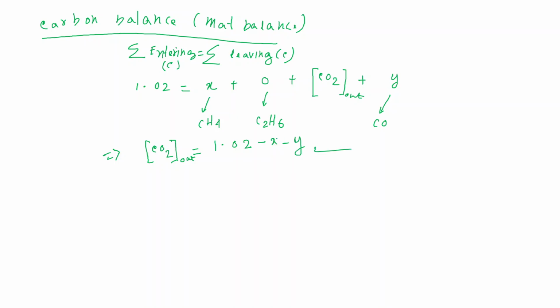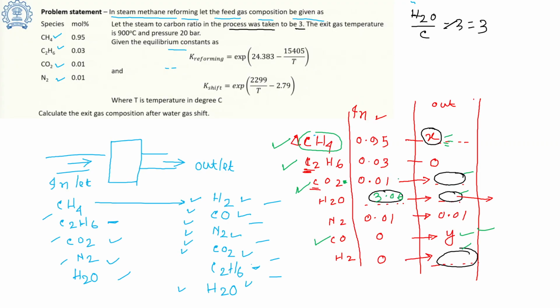So we can put this value in place of the carbon dioxide out in the table: 1.02 minus x minus y. So put it in the output table, carbon dioxide output table, 1.02 minus x minus y.